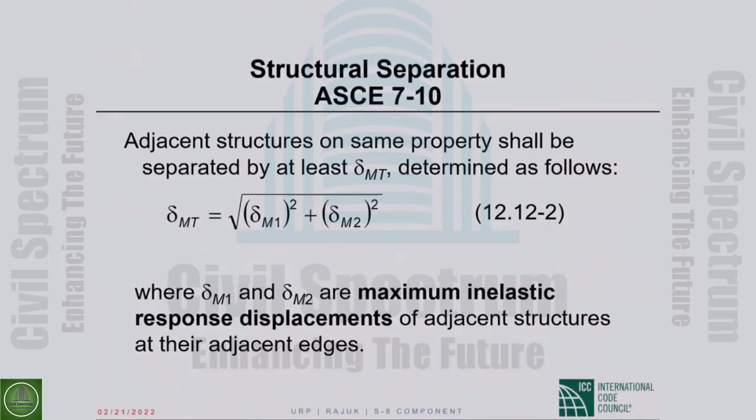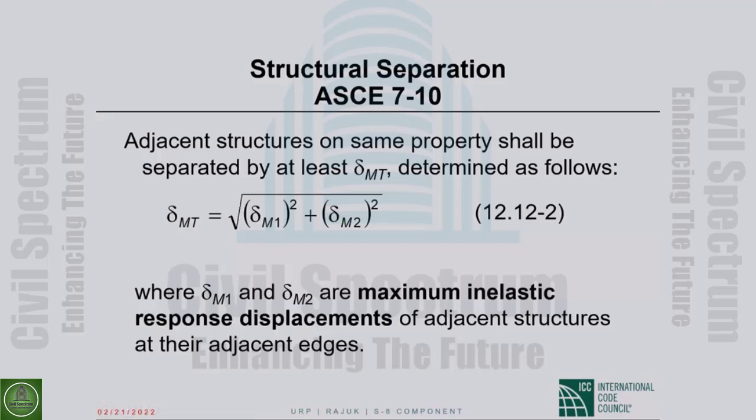So to avoid damaging contact, the separation distance between two adjacent structures on the same property shall be at least delta sub MT, and delta sub MT is the square root of the sum of the squares of these two quantities.